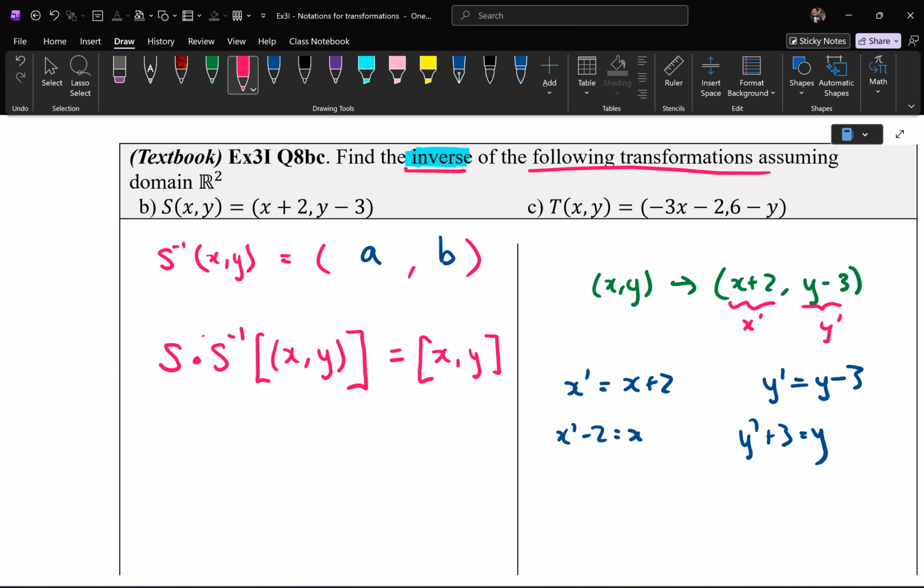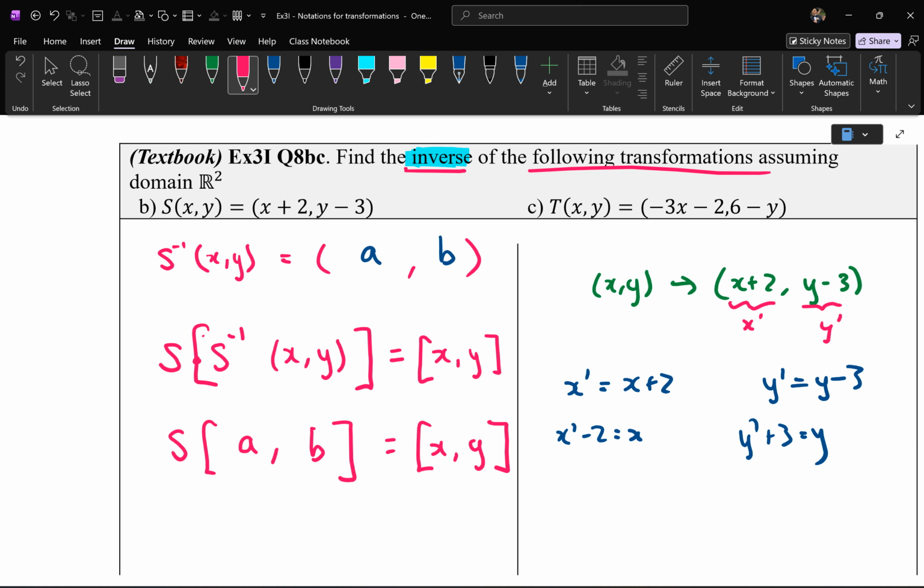So far, so good? Maybe I'll put a bracket around this one so it's easier to see. Since we're calling the transformations for x and y A and B, this is the same as saying S of (A, B) should equal the original (x, y). So I'm just substituting this line into this.